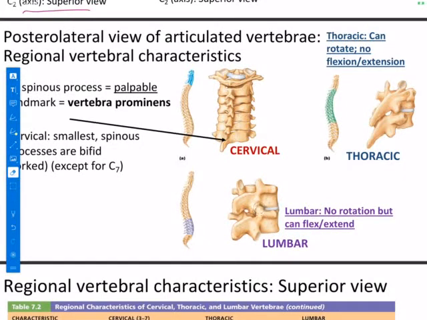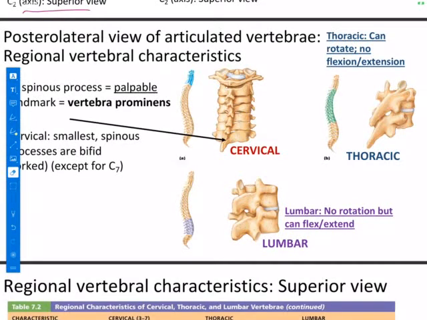So instead of having anterior-posterior facets, it's got medial-lateral. This prevents rotation. Lumbar vertebrae can't rotate. They can flex and extend, but they can't rotate because the facets lock one another into place. So we get rotation of the spine in the thoracic region, and we get flexion and extension in the lumbar region.